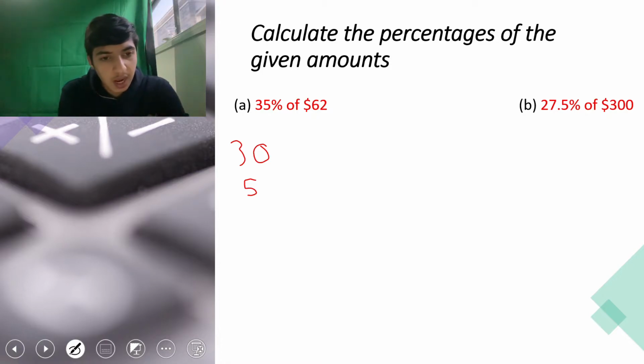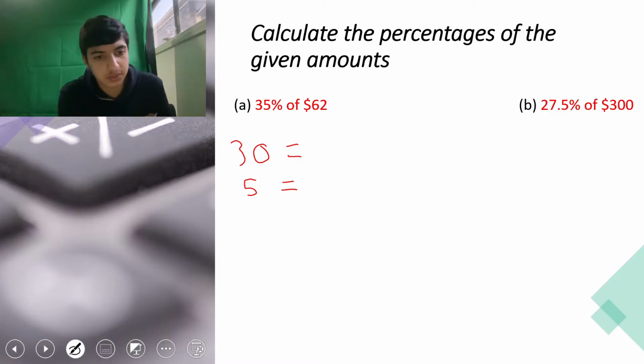What I do is I use easy fractions of it. So 10% of $62, as we know, is 62 over 10, which is 6.2, and there's 30, so you times it by 3.